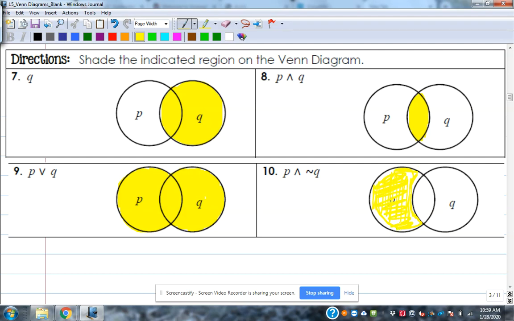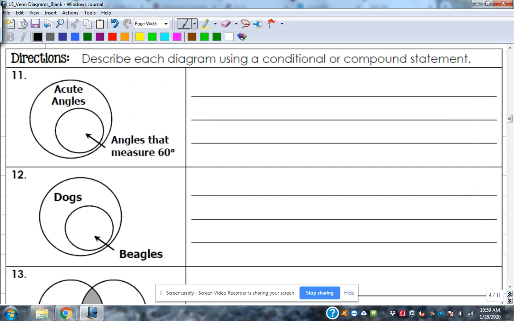That should be what's colored in there. It's a little better. Okay. So think about what the statement means and then color the appropriate region out of that. So those are fun things. I think they're kind of fun.